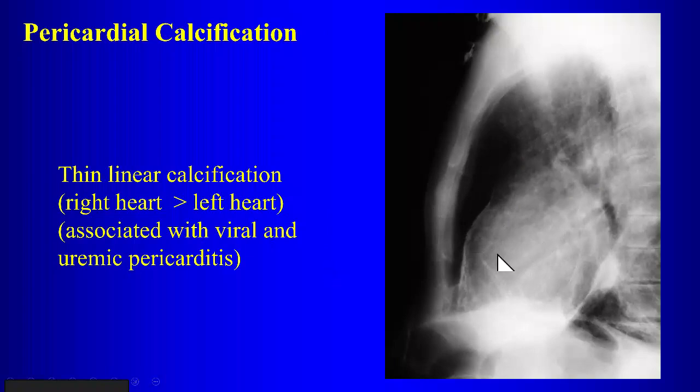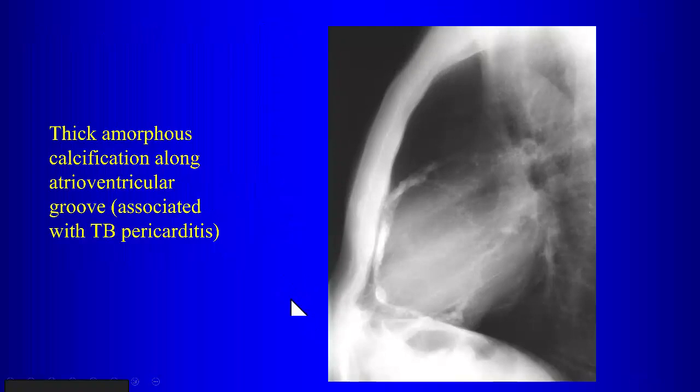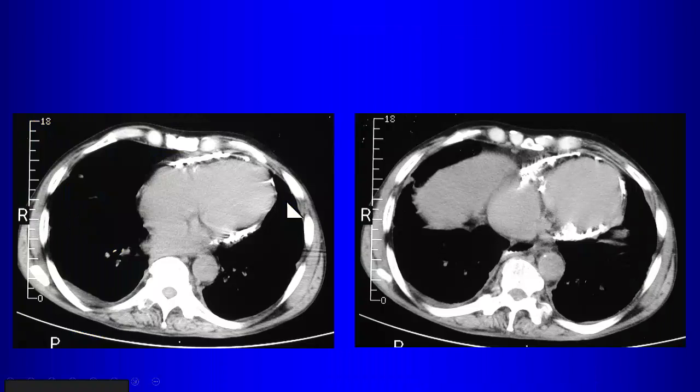So on the lateral view, you need to be able to notice this if we see that. And this type of calcification can be associated with viral and uremic pericarditis. Thicker calcification, like you see in this example, can be associated with TB pericarditis. And so here's the CT scan on that patient with the thicker calcifications here, okay?